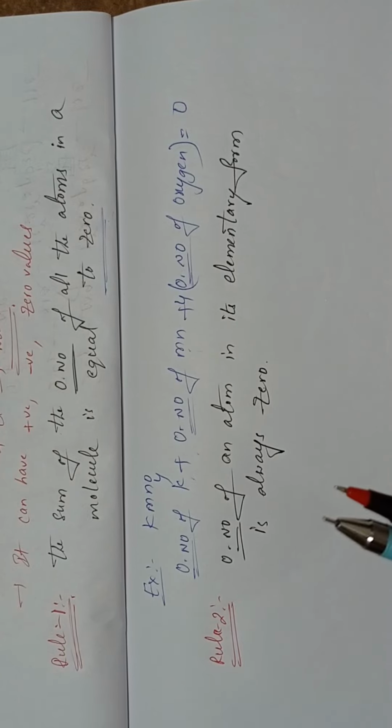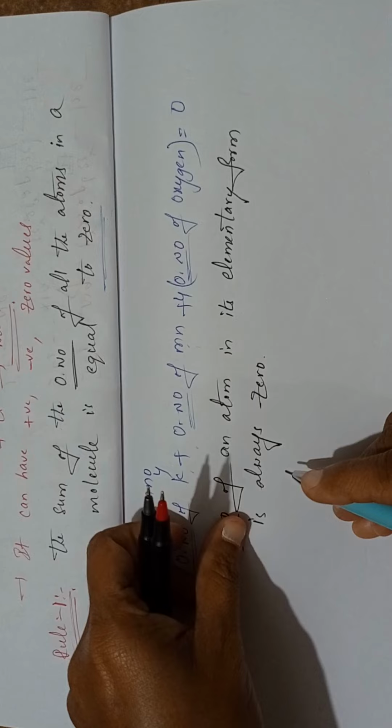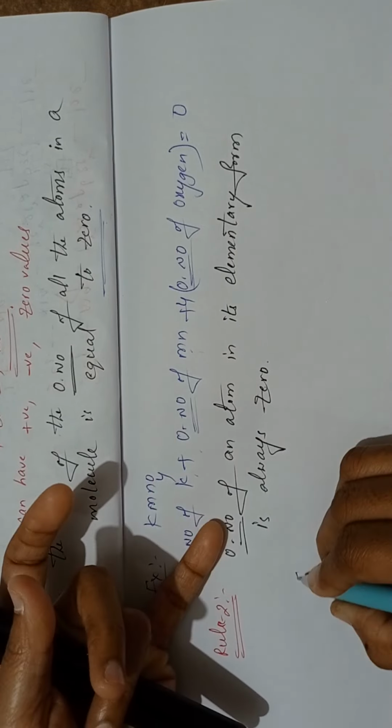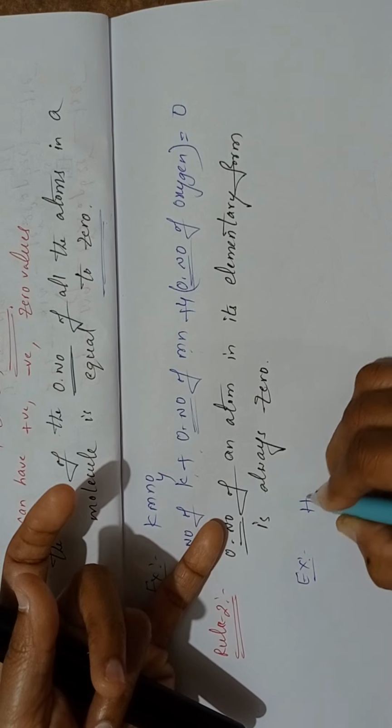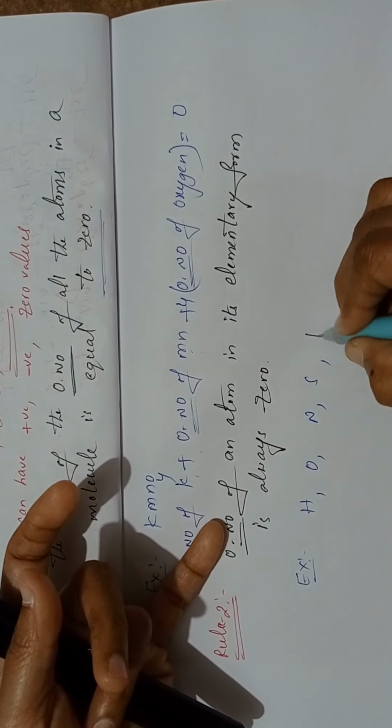So what does that mean, students? For example, I am taking elementary forms of hydrogen, oxygen, nitrogen, sulfur, phosphorus.